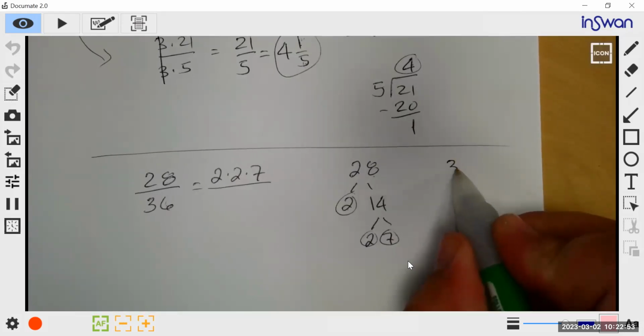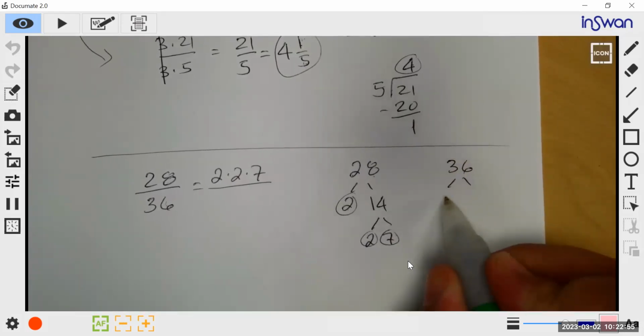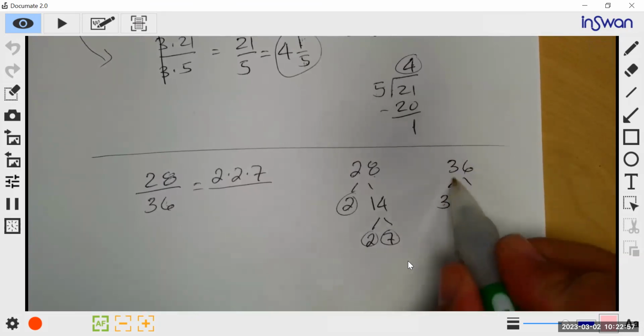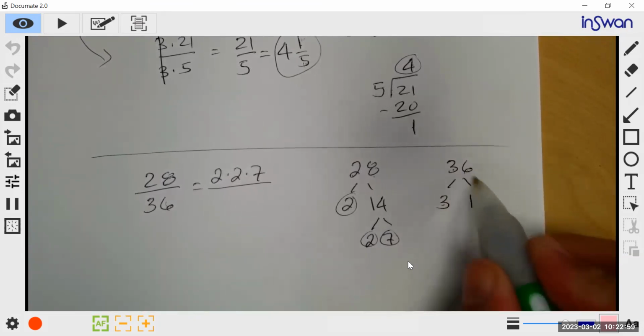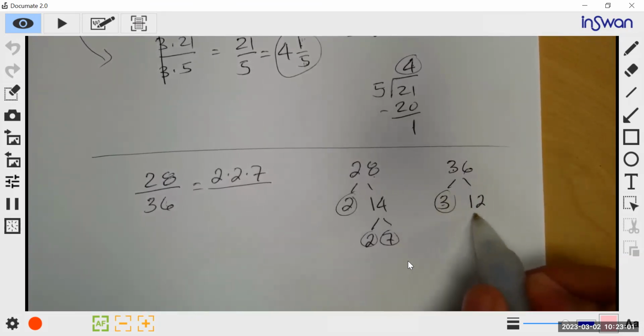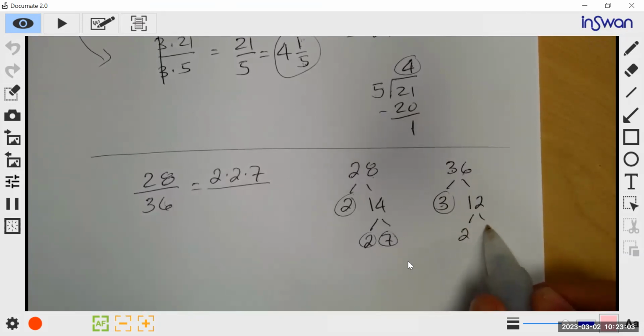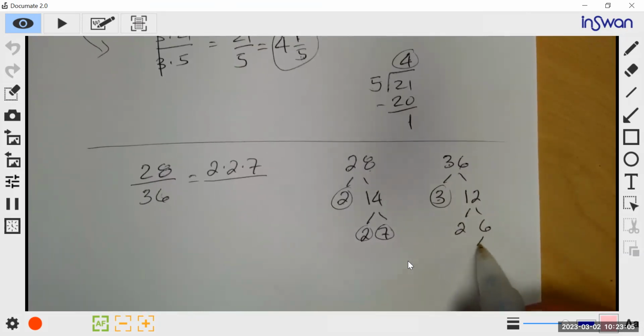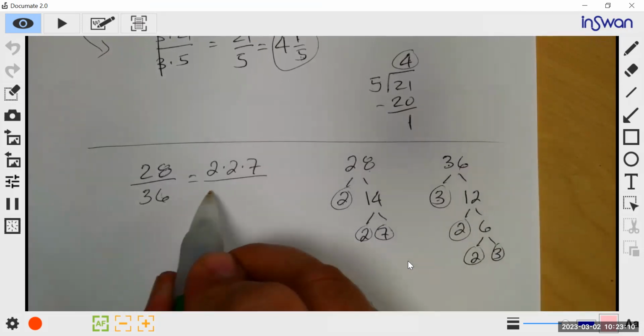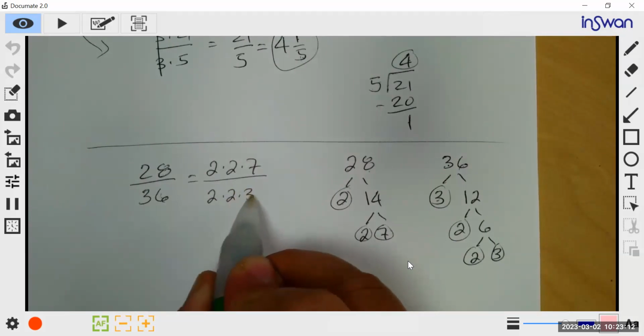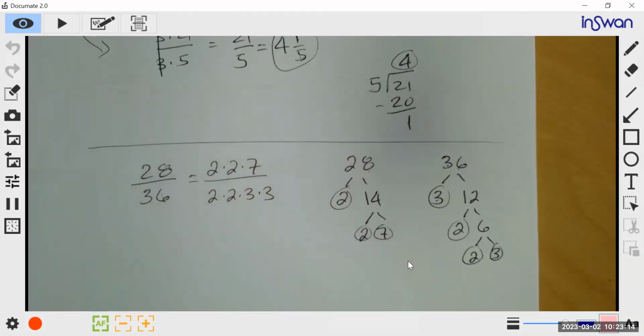And then 36. 3 goes into 3 once, 3 goes into 6 twice. So it's 2 times 2 times 3 times 3.